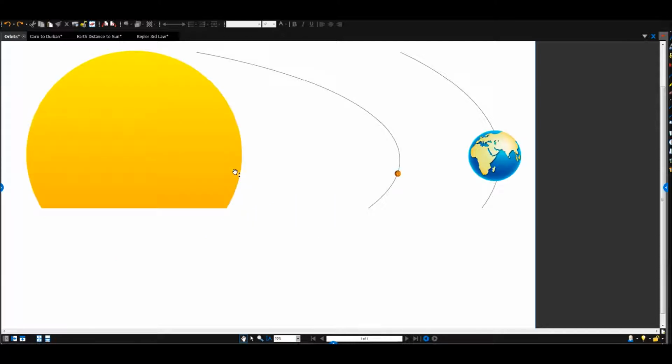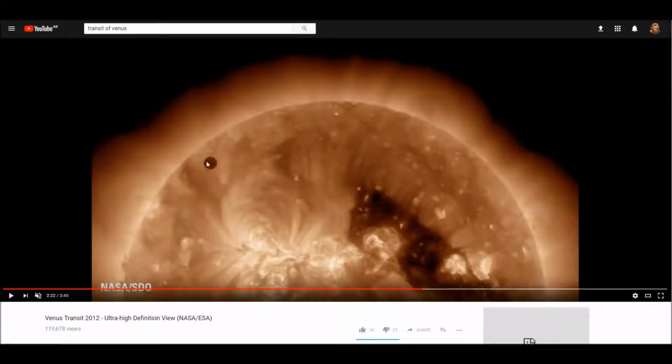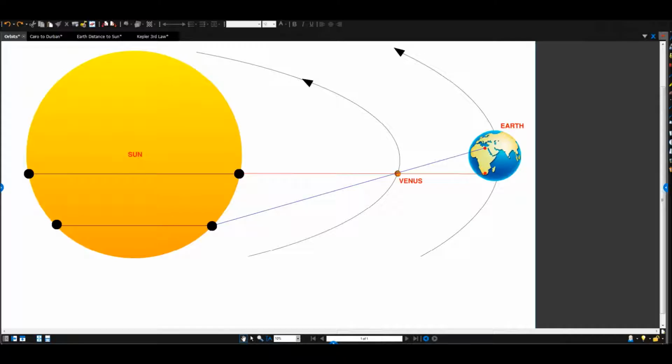So what we find is this. We'll have these paths. Let's call this the point of first contact. This is where Venus gradually comes in, just as it did in the video. It's just starting to come in and moves across. Similarly, it comes in here and moves across. So what do we notice?